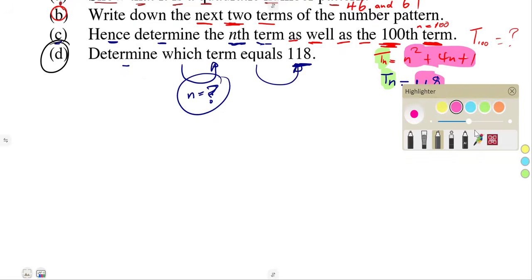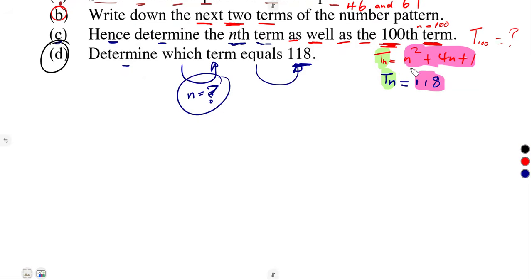We can equate what the Tn is equivalent to, n squared plus 4n plus 1. What about this one? It is equal to 118. And these two represent the same nth term, the same Tn.